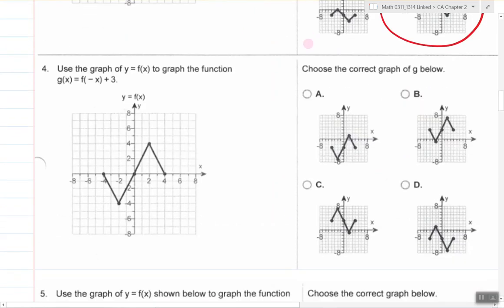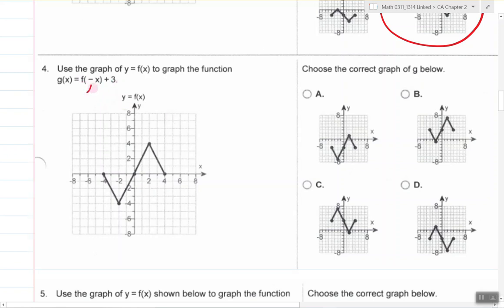All right, this particular transformation is actually 2 transformations. It says change the sign on x before you let the function act on it, and then add 3.